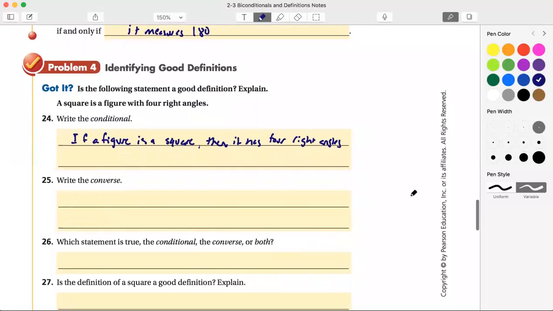So the converse: if a figure has 4 right angles, then it is a square.